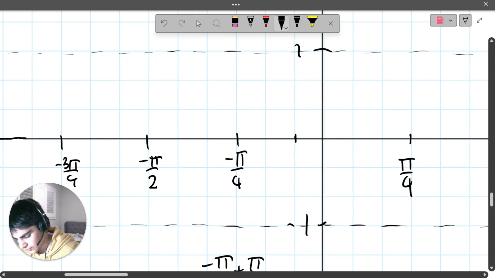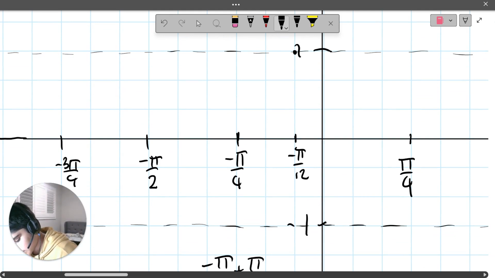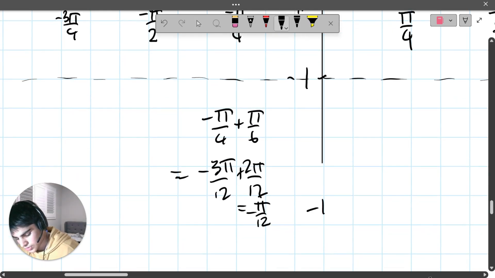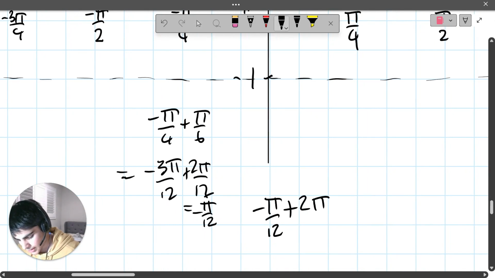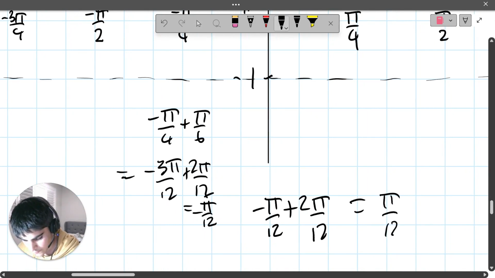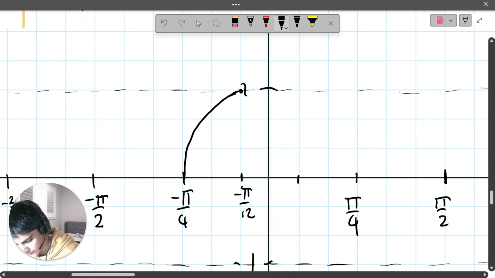Now negative pi on 12, let's say, is here. Let's place this here and here. Negative pi on 12 plus 2 pi on 12, which is pi on 6, is pi on 12. Let's place pi on 12 here.